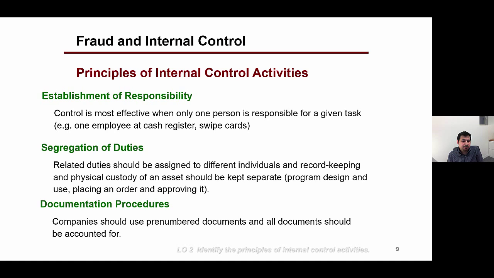One employee, for example, at a time should handle the cash register, or use, for example, passwords and swipe cards, because if any error happens, the company should be able to trace it back to the user who made the mistake or who created this error.